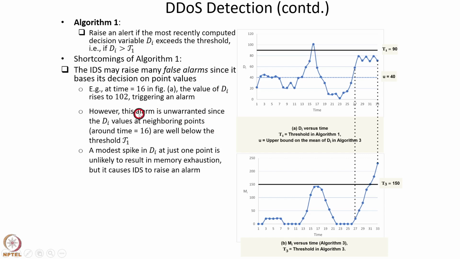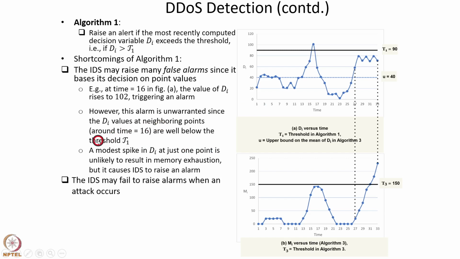A modest spike in Di at just one point is unlikely to result in memory exhaustion, but it causes the IDS to raise an alarm. At time 16, the Di value is above the threshold, but since the neighboring points have Di well below the threshold, it is unlikely to exhaust the memory resources of the host. Hence it's not a SYN flood attack, yet it causes the IDS to raise an alarm.